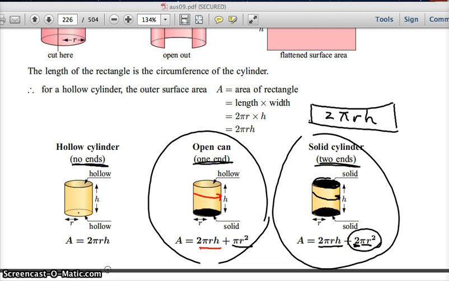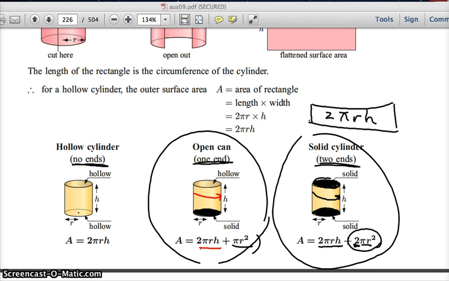And the final one, with no ends at all, just a cylinder. What's an example of that, Isaac? What's an example of a hollow-ended cylinder? Piece of pipe. A piece of pipe is a classic, all right? A pipeline, yep. Toilet roll is another one, okay? Hollow through the middle. So what drops away?